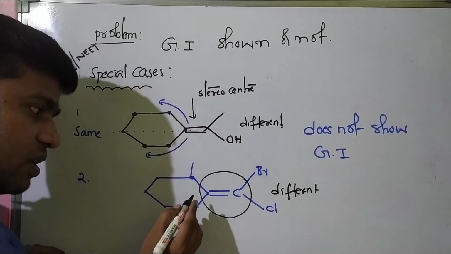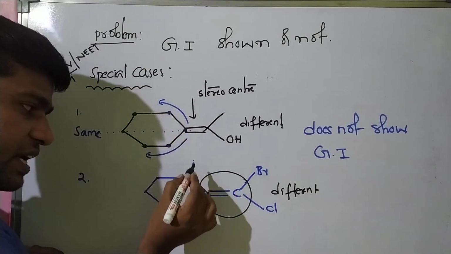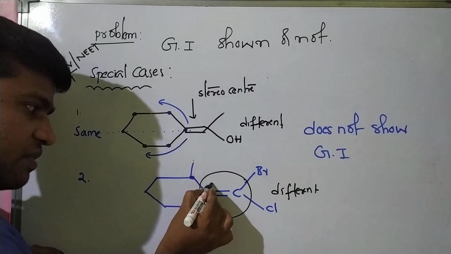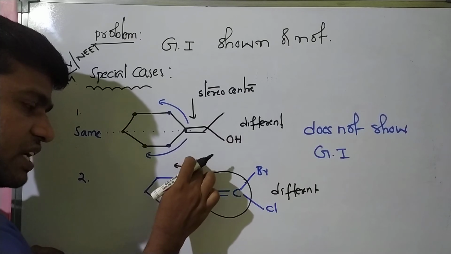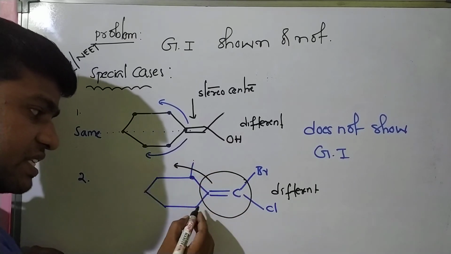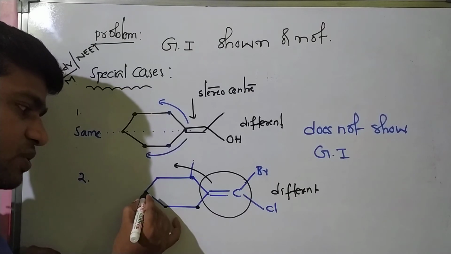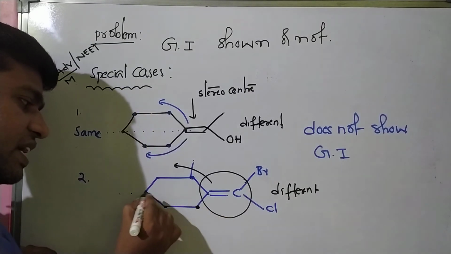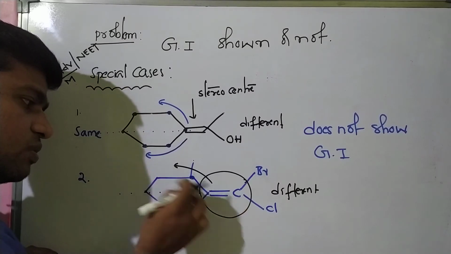Now come to this. In this direction, CH3. When we go in this direction, CH3, CH2, CH2. But in this direction, this is CH2, this is CH2, CH2. Means either side with respect to this double bond carbon, the groups are different.